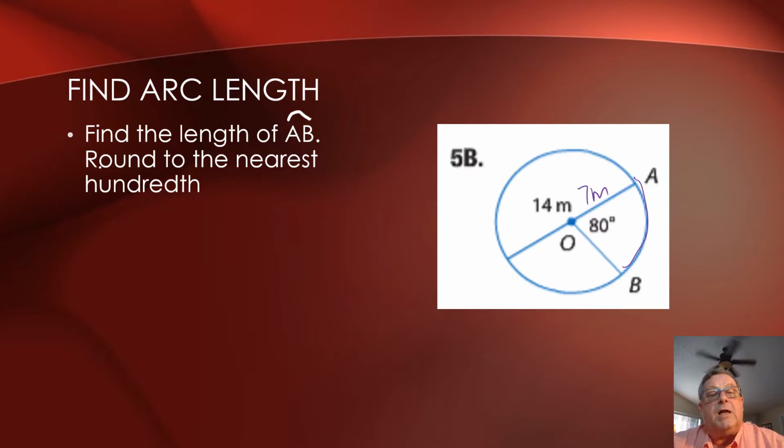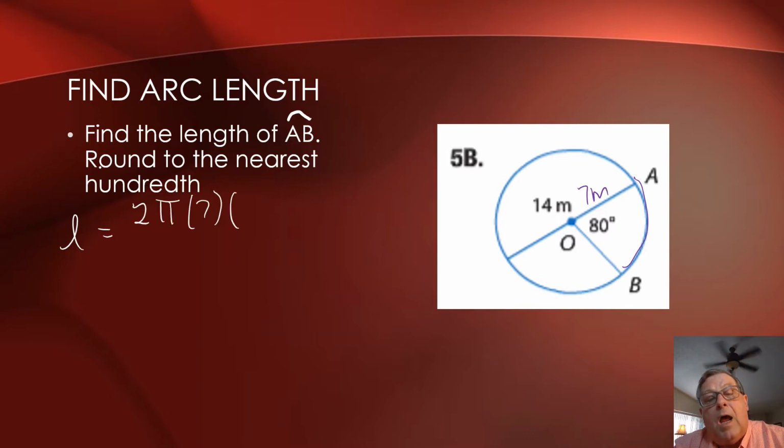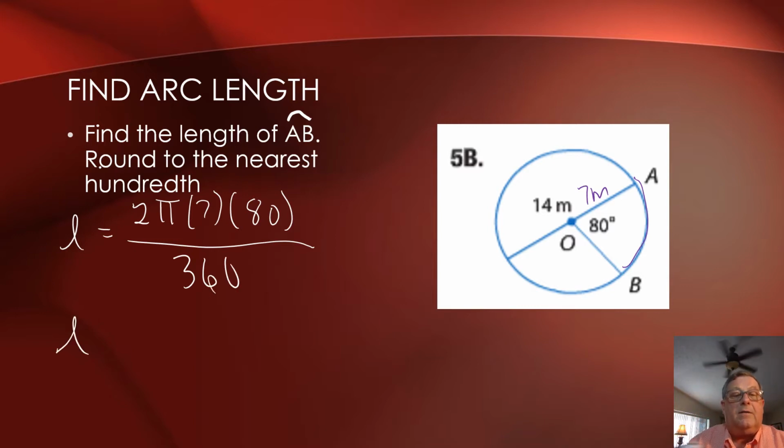And so I've got the information I need to set up in my formula. So the length of arc AB is equal to 2 pi times the radius, which is 7, times the measure of the central angle, which is 80, over 360. And let's discover what our length is.